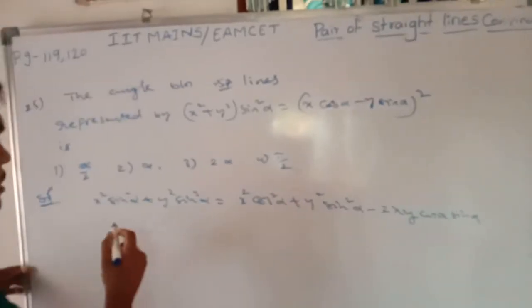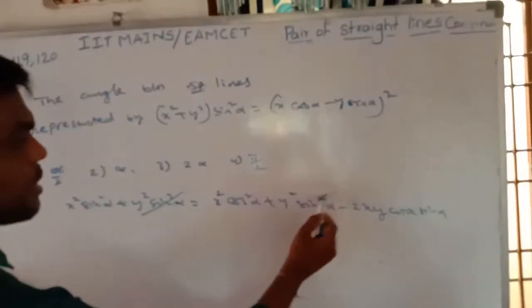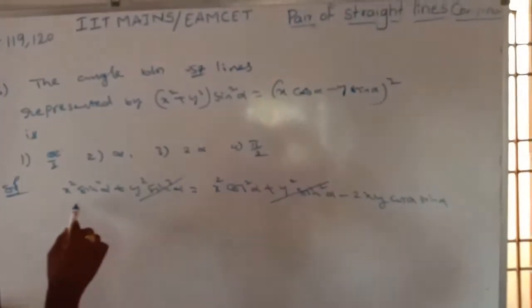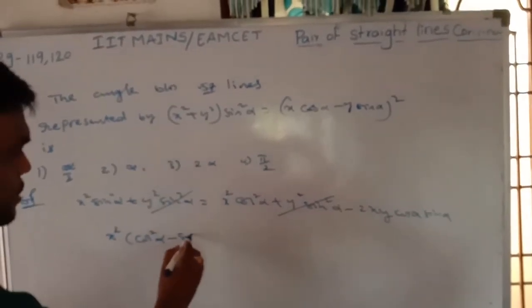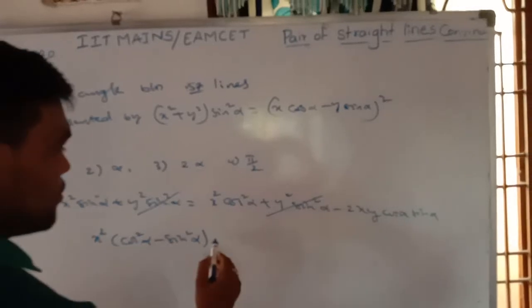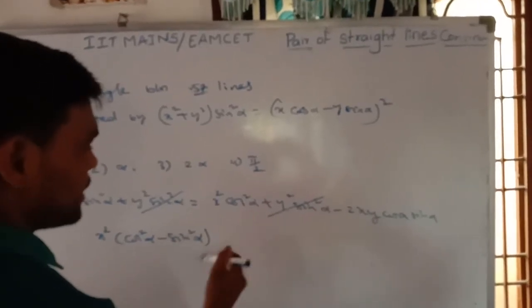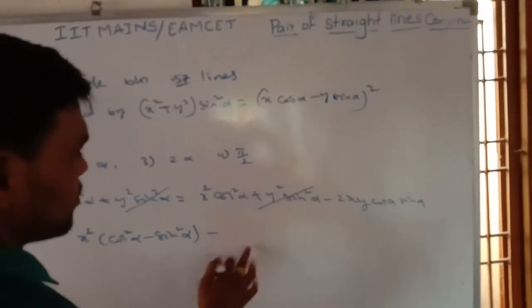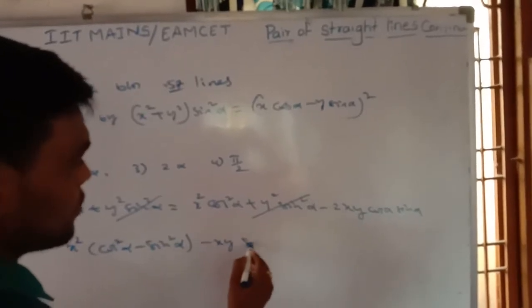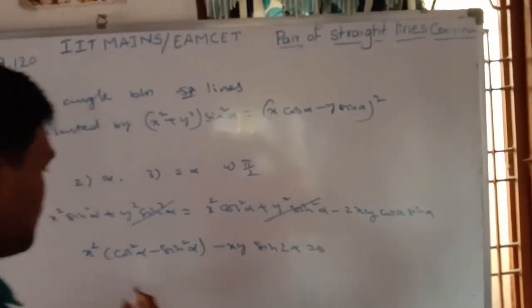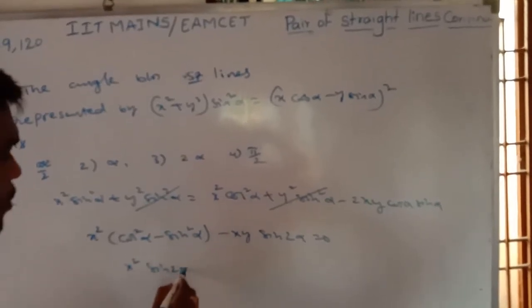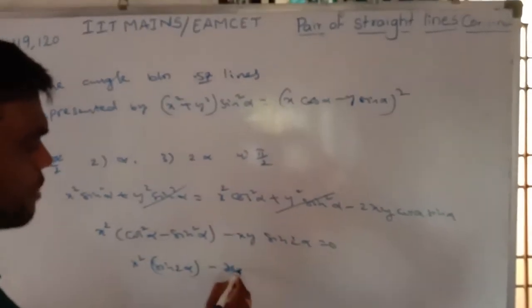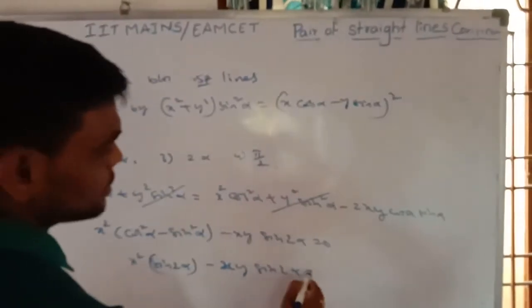The y square sin square alpha terms cancel, and we get x square of cos square alpha minus sin square alpha minus xy sin 2 alpha is equal to 0, that is cos 2 alpha x square minus xy sin 2 alpha is equal to 0.